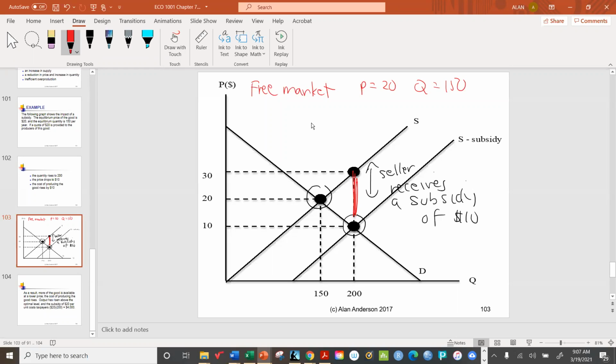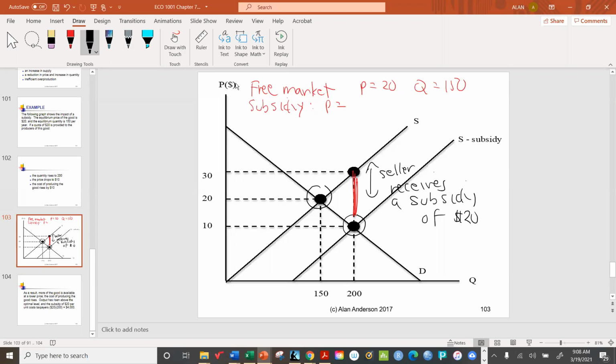Well, actually, the price in the market is actually 10. But because the remaining 20, the $10 subsidy, oh, actually, I'm sorry, it's 20. I just realized it's a $20 subsidy. No, it's not 10, it's 20. There we go. That's much more like it.